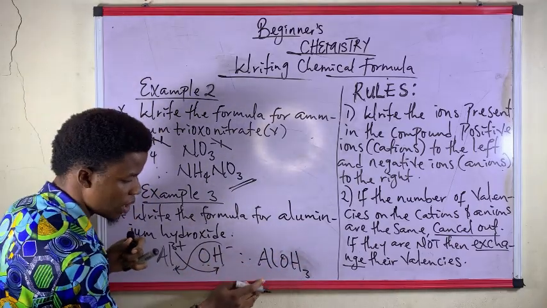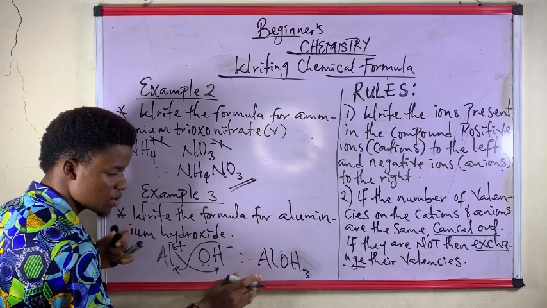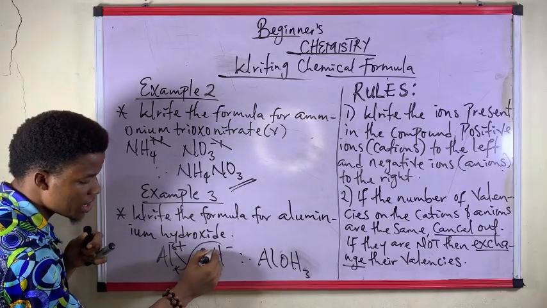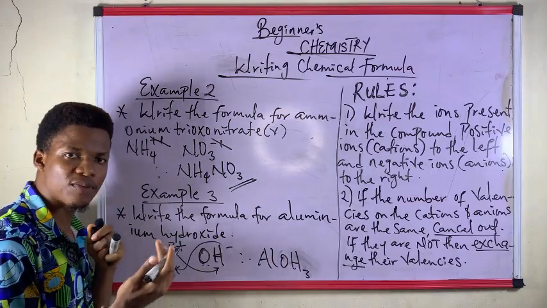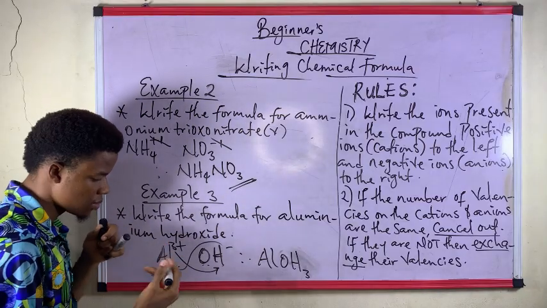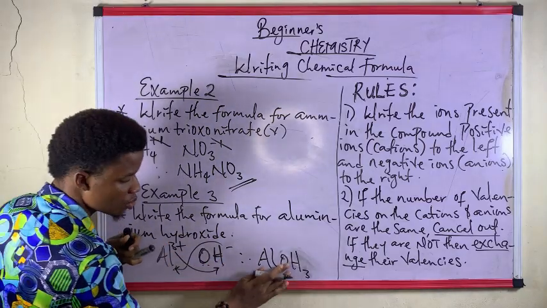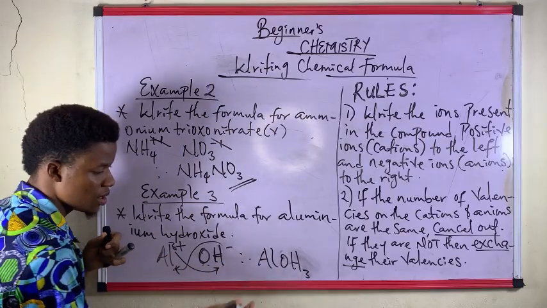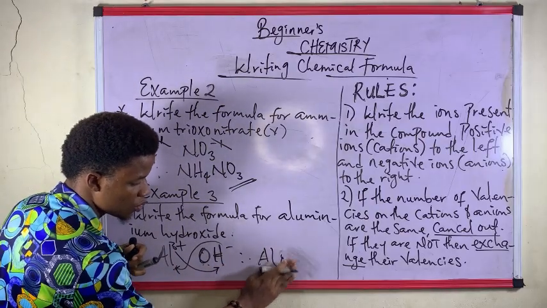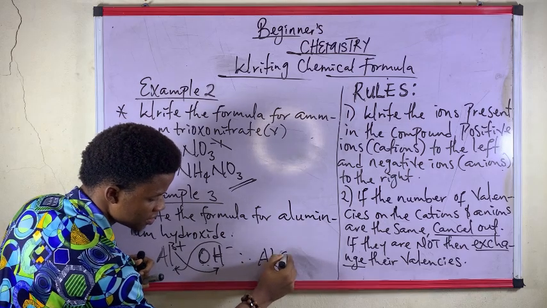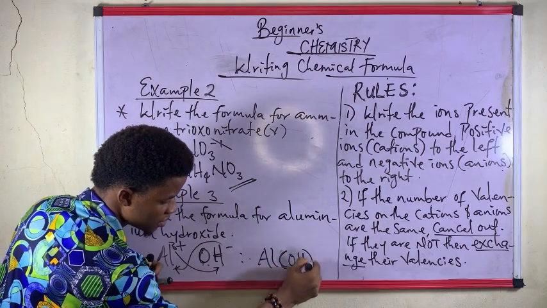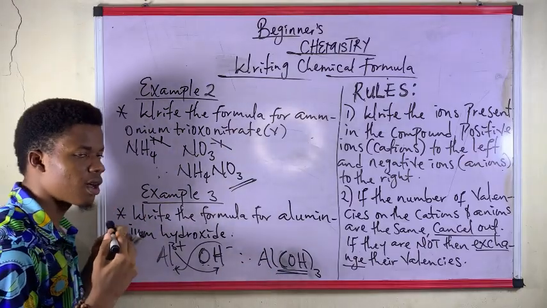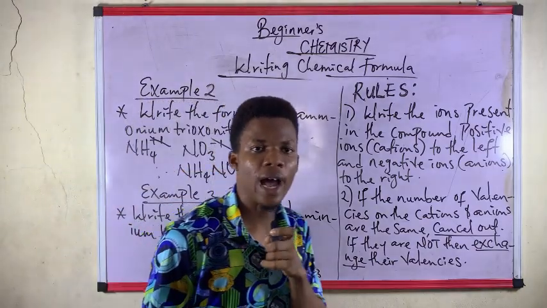What that is telling us is that this 3 is only affecting the H, meanwhile OH are going together. That's the radical. They are functioning as 1. Both of them are going together. So in order to show that the 3 is affecting both of them, which is the radical, do it like this: Al(OH)3. So this is the formula for aluminium hydroxide.